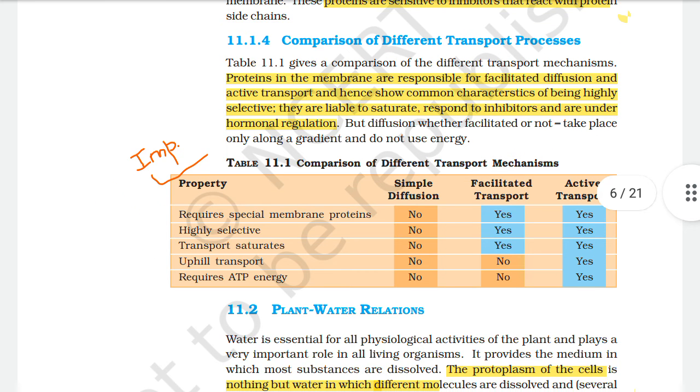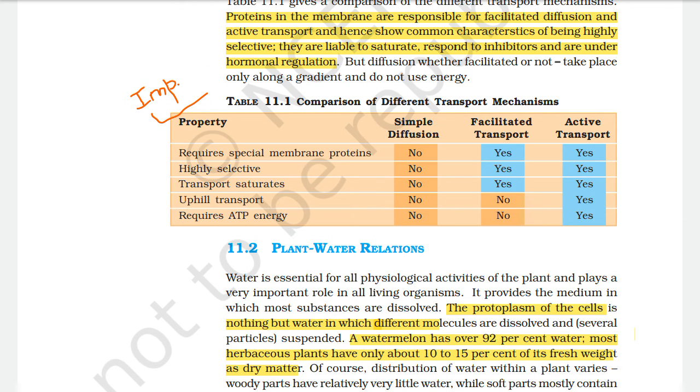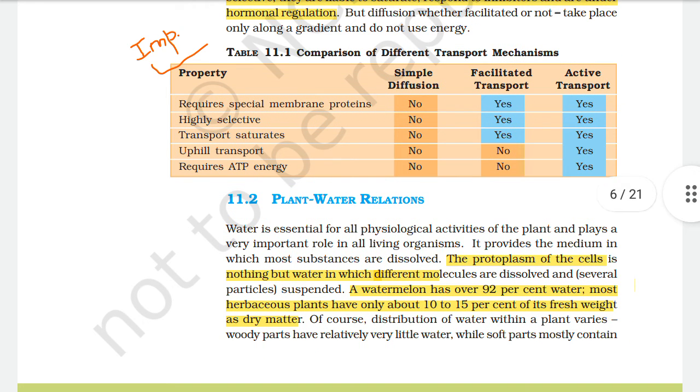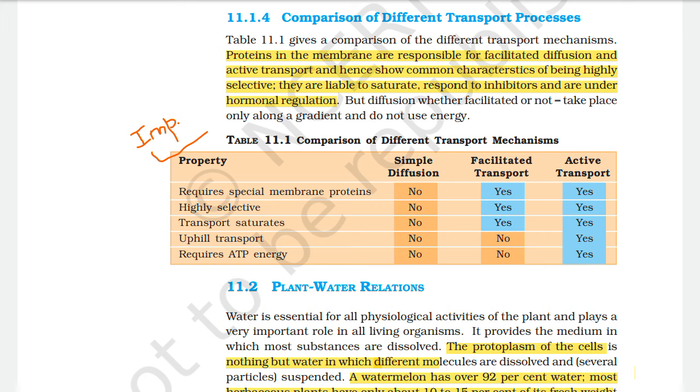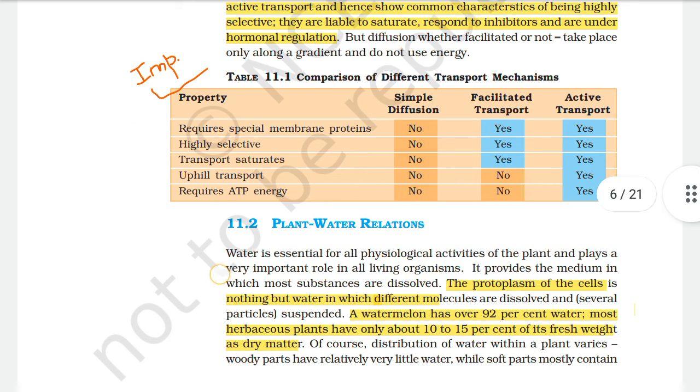Here is a comparison given between the three means of short distance transport. Proteins are responsible in case of facilitated transport and active transport. So special membrane proteins are required, highly selective, transport gets saturated, and inhibitor sensitiveness is also there in case of proteins.